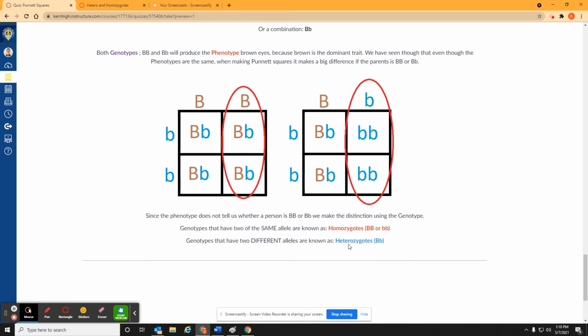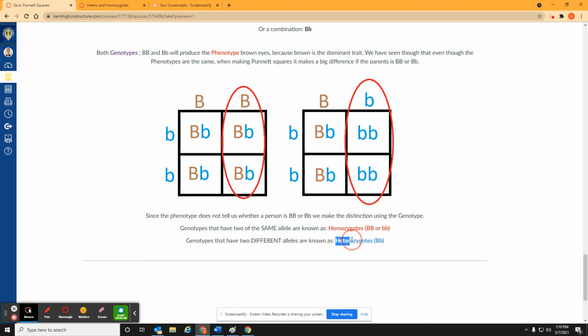So what about hetero and homozygotes, those words we talked about? Well, those are important because what those mean, homozygote, this word homo means same. So something is a homozygote if it has the same two letters, two capital B's, that's the same. Two lowercase b's, that's the same. Those are homozygotes.